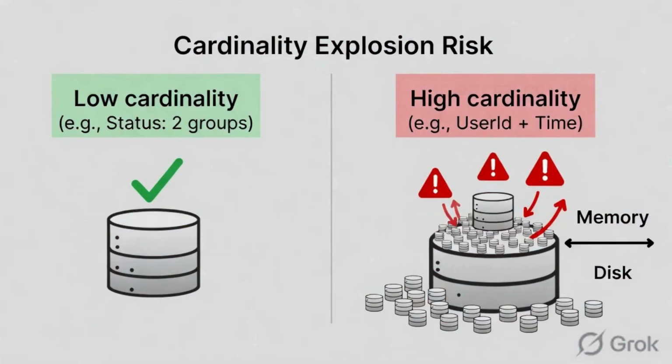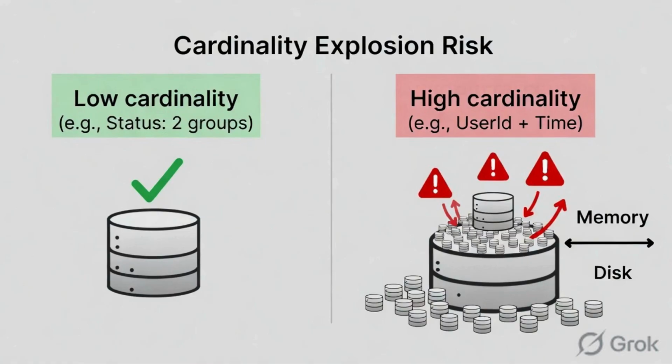Take a quick look at this diagram. It shows the cardinal difference between safe and dangerous grouping in KQL. On the left, low cardinality. Something simple like status with just two values, success and failure. See the small, tidy hash table icon. Only a couple of buckets in memory, super fast, low resource use, green check all the way.